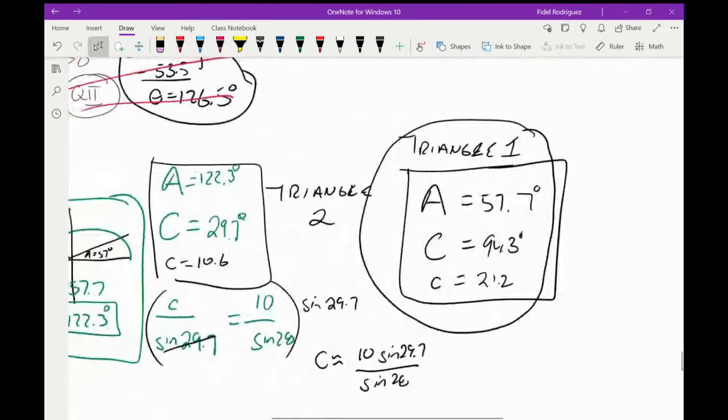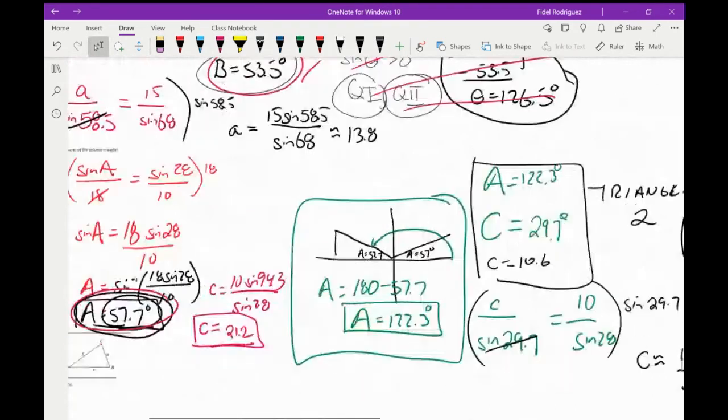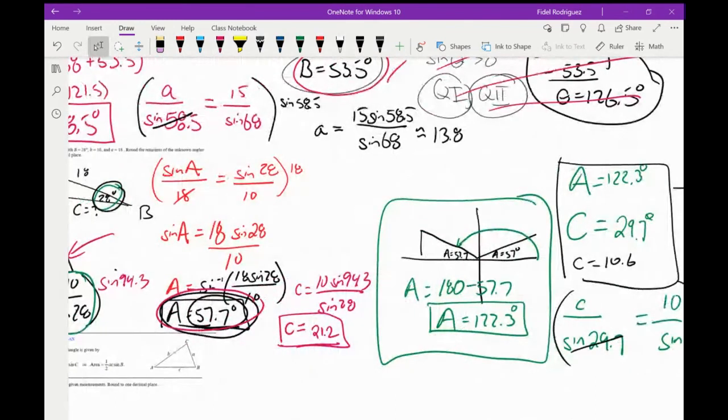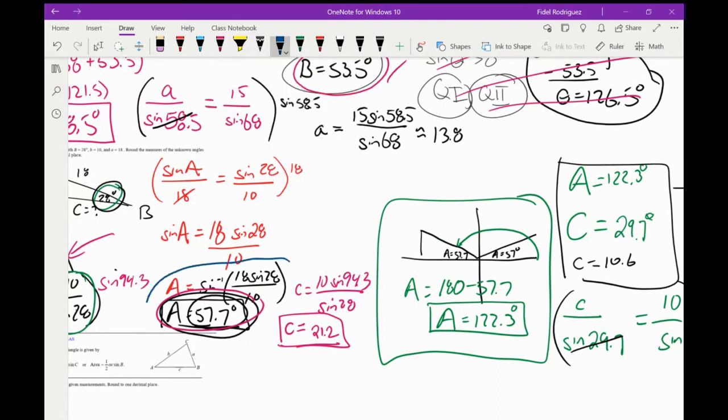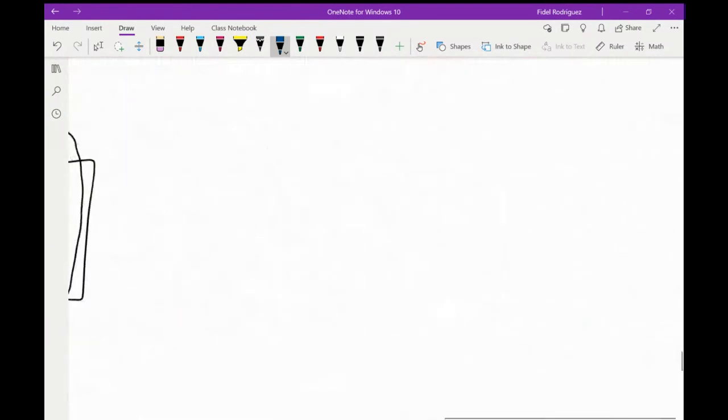So when we do our problem and we get to this step right here, and we find our first angle, right? Then we go ahead and we solve our triangle, we got it done. I want you to realize, John, that this angle here is in quadrant 1, right? because it's 57.7 degrees, so we know it's an acute angle. But remember, sine is going to be positive.